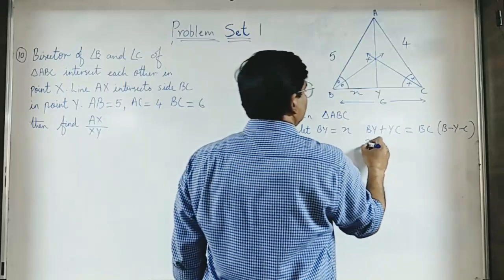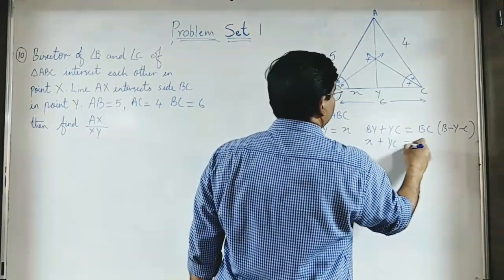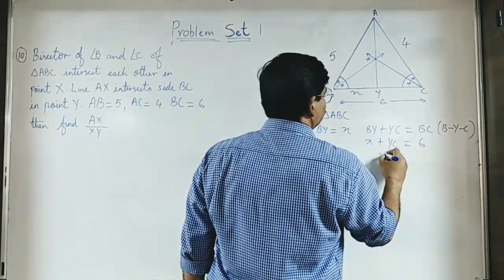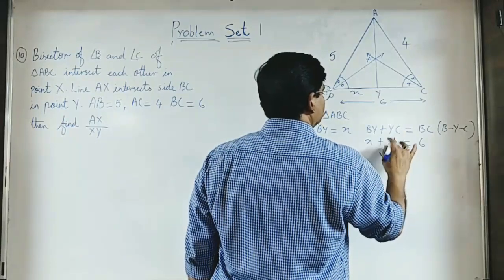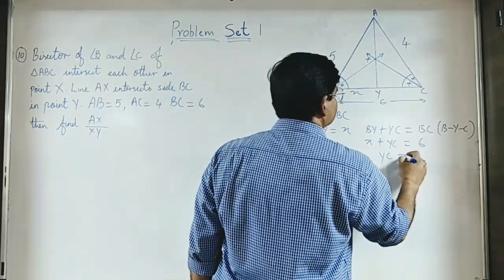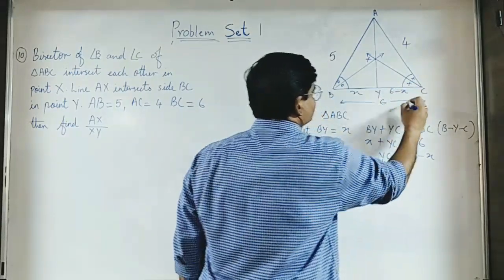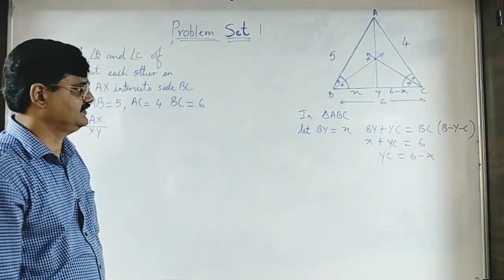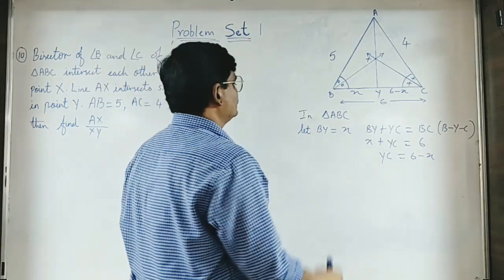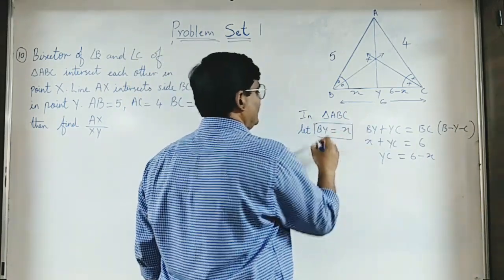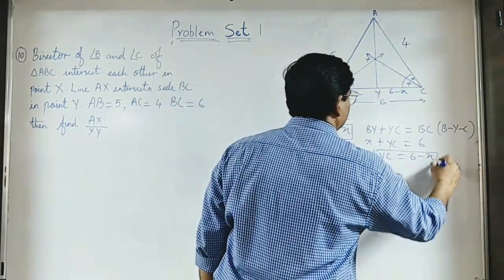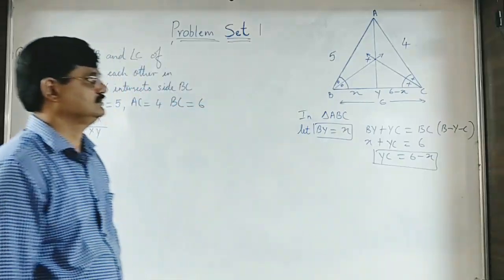BC is 6, so the value of YC will be 6 minus x. So we got BY as x and YC as 6 minus x.